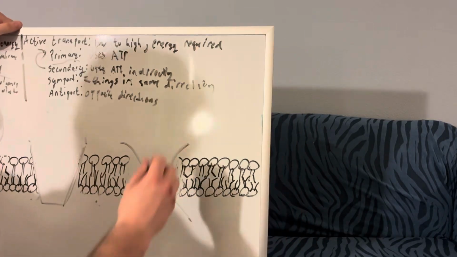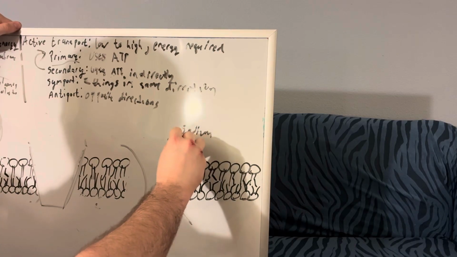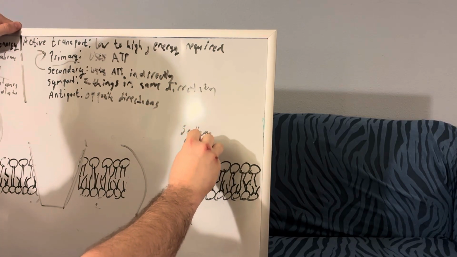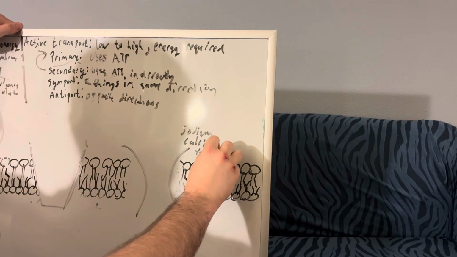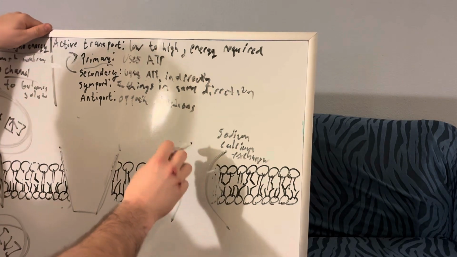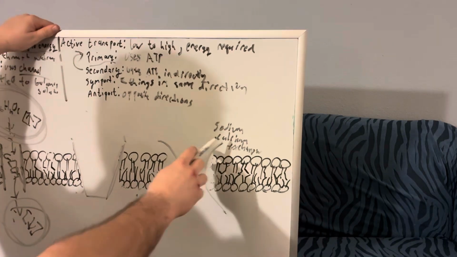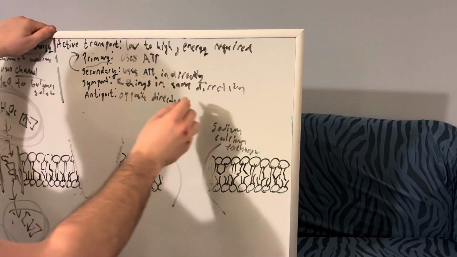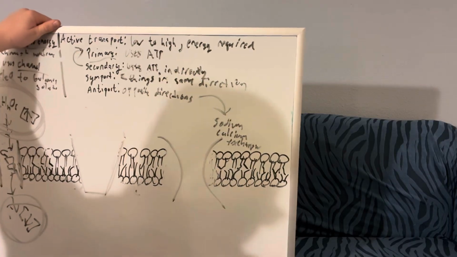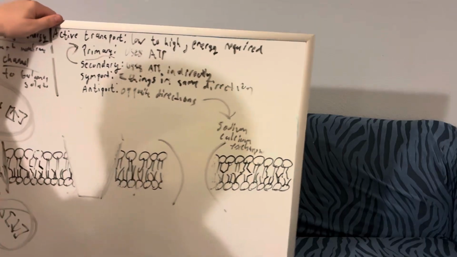And this is going to be the sodium calcium exchanger. If you don't need to know symport and antiport, you can if you want, I guess. But with the sodium calcium exchanger, if we're exchanging something, then they're going to move in different directions. So this is going to be antiport. So let's talk about the sodium calcium exchanger.